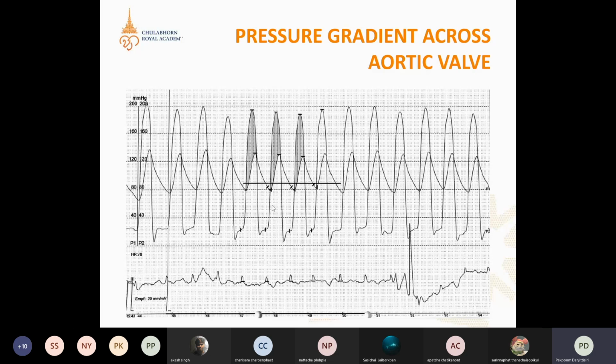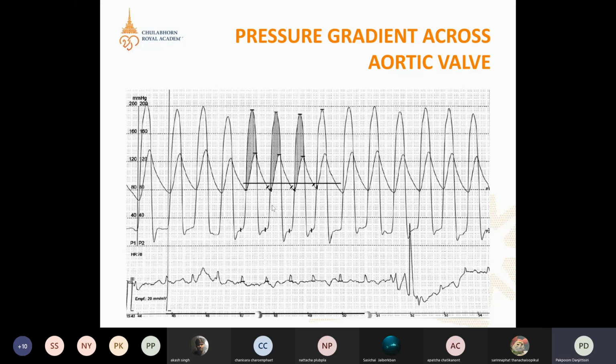Another way to get the gradient across the aortic valve is simultaneous pressure monitoring. That means the doctor has to use two pressure transducers. You have to set up two pressure domes, right?